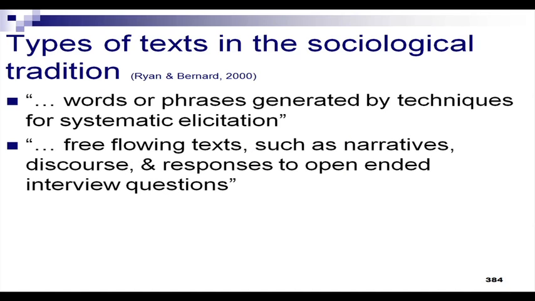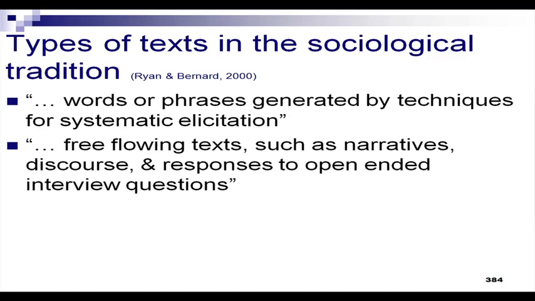So these are techniques that are used to systematically stimulate the generation of words and phrases. For example, closed-ended interviews. We ask a question and we know the realm in which the answer will come.